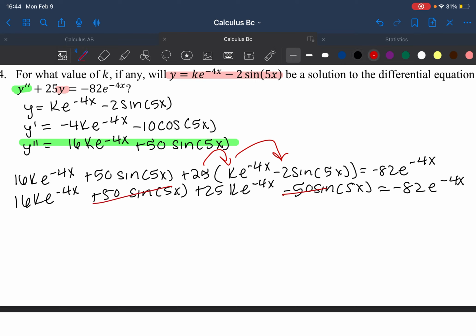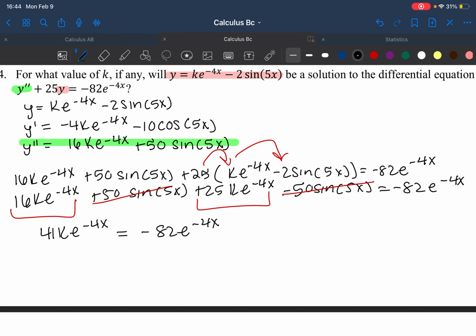Well, that is going to cancel out the 50 sine of 5x, and then I can combine like terms, and I get 41k e to the negative 4x is equal to negative 82e to the negative 4x.